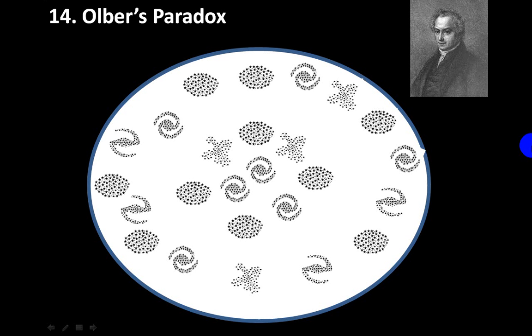Olbers' paradox. If the universe was infinite, there would be an infinite number of stars emitting light. Light has no destruction. Once the light of a particular star arrived, it would continue to come forever.